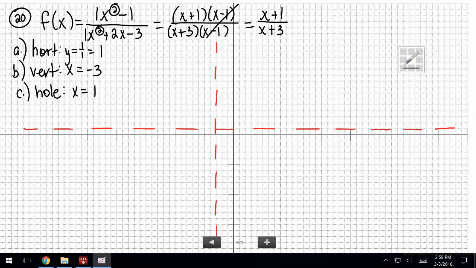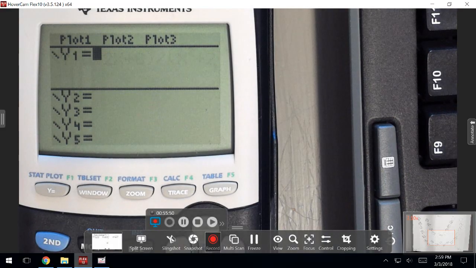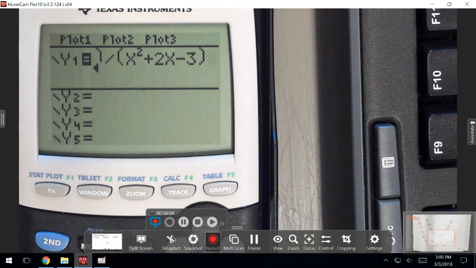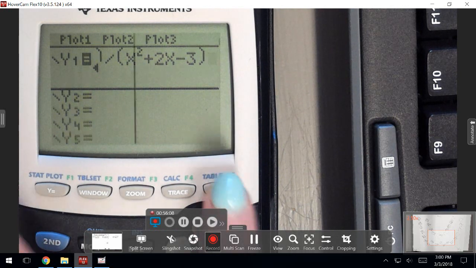Alright, and we're going to go to our calculator to y equals, and we're going to clear it out. We're going to type in x squared minus 1 in parentheses, divided by x squared plus 2x minus 3 in parentheses. Make sure you're hitting the subtract 3, by the way, and not the negative 3. There is a difference.